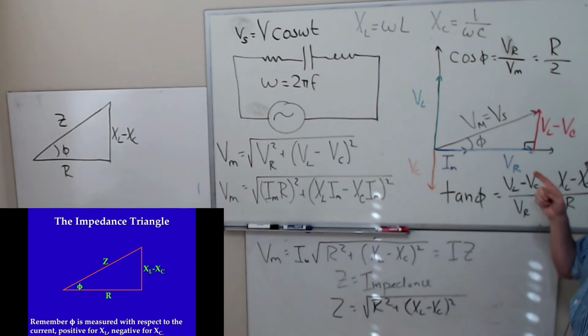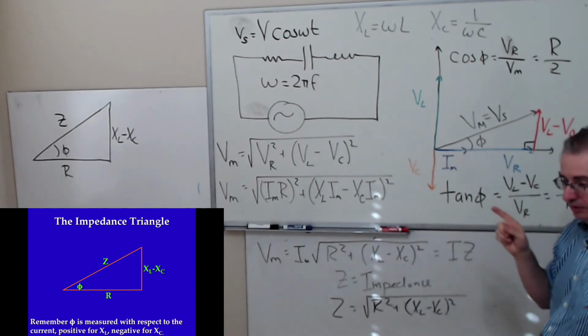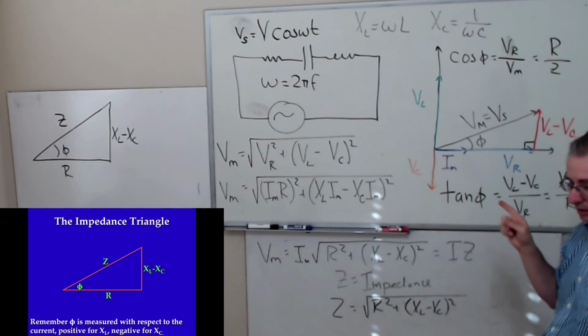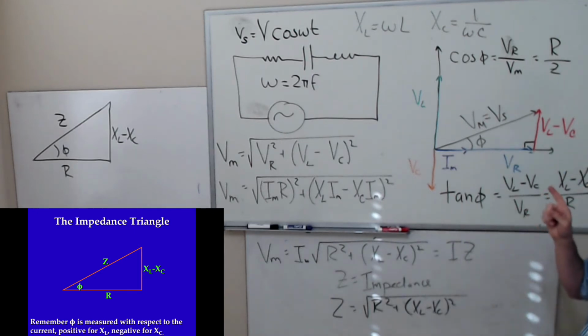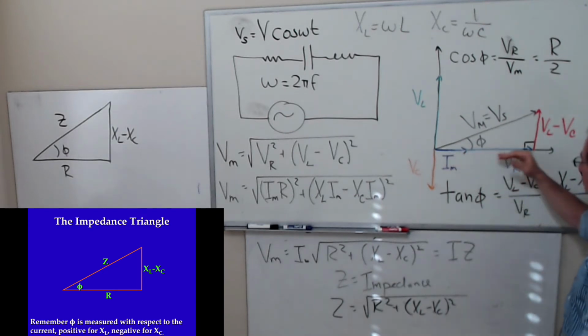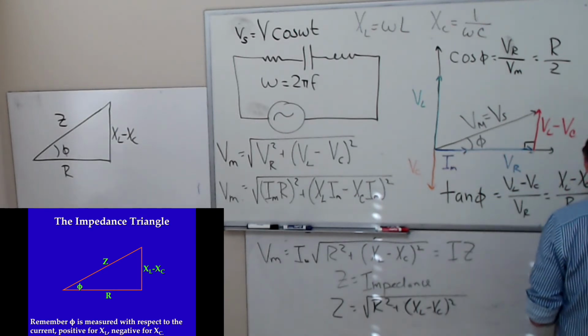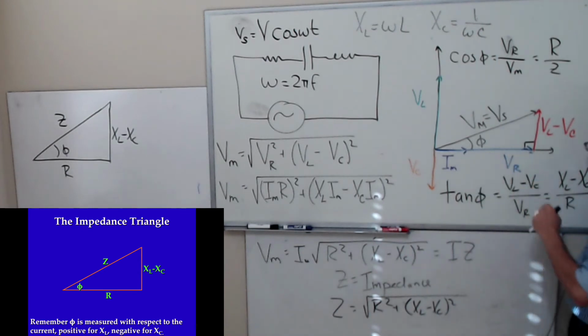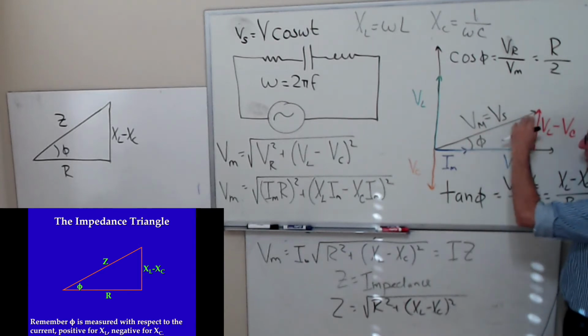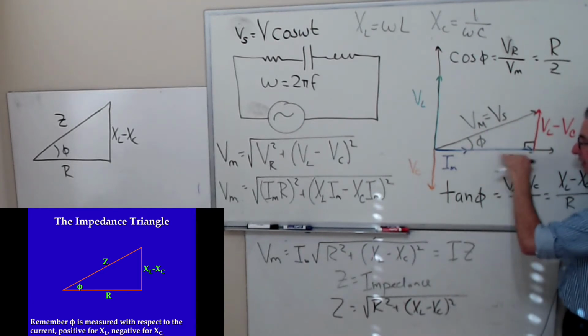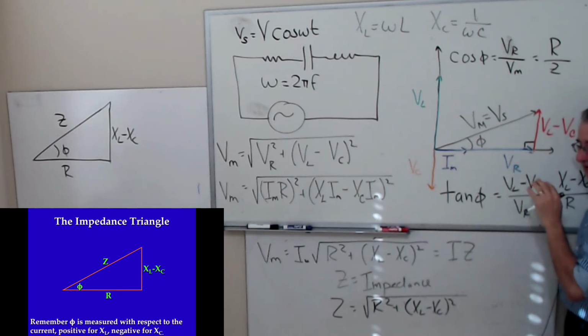Remember that phi is measured with respect to the current here. It's positive for X sub L and negative for X sub C. And I drew this, this is important for you to understand, along the x-axis for another reason: the projection of the total power supply along the I-axis represents what you would call the resistive part of the circuit.